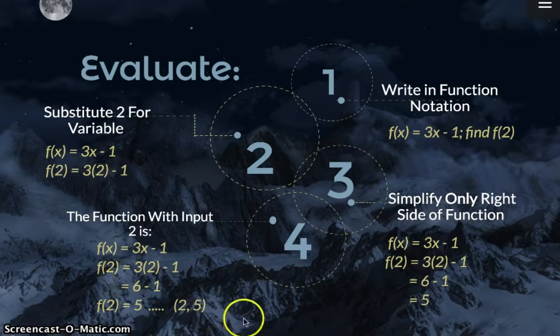And you notice here, if you're writing it down like you're supposed to, you write the original, you substitute the values, you simplify the expression, and if you have f of 2 and it gives you an output of 5, 2 is the input, 5 is the output, 2 is x, 5 is y.